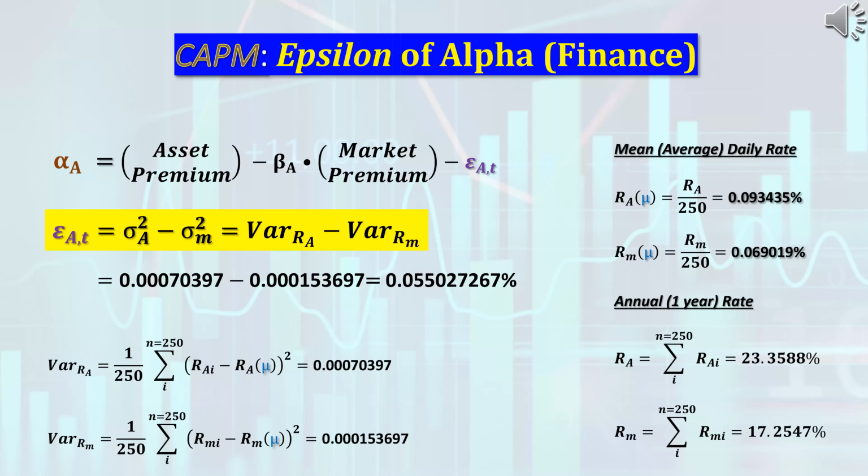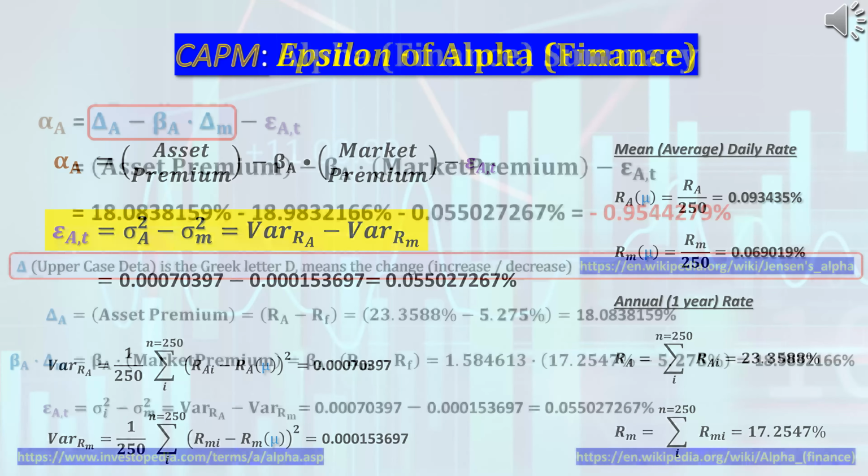Both the variance for the asset and the variance for the market were calculated previously. Putting these values into the calculation for epsilon gives a result of 0.055027267%. One can now make a full and precise alpha calculation as shown next.